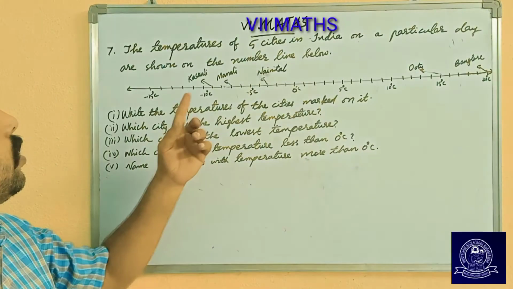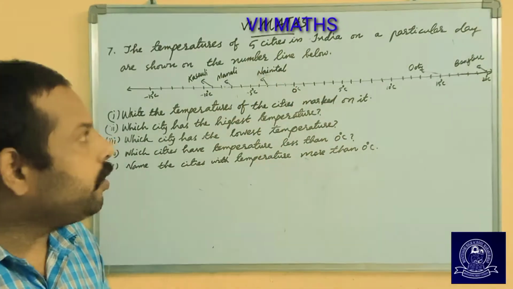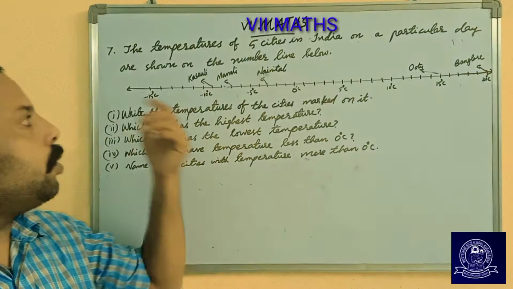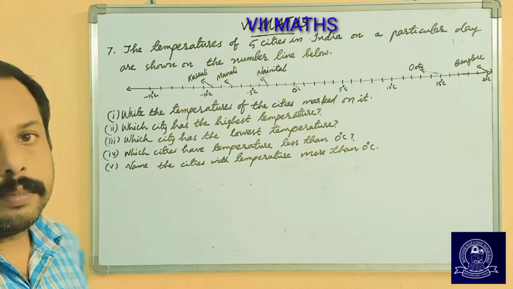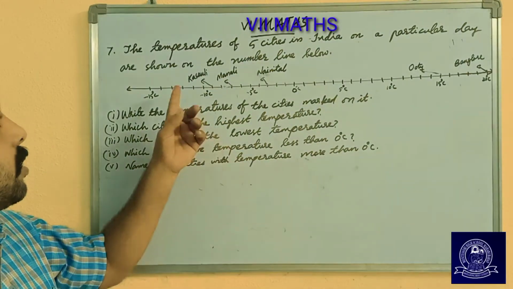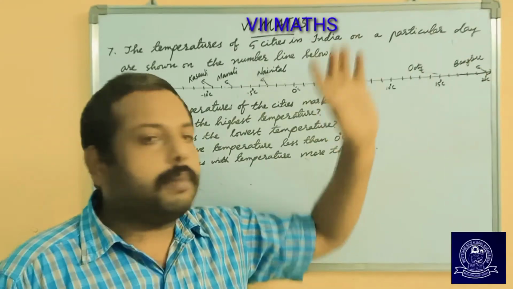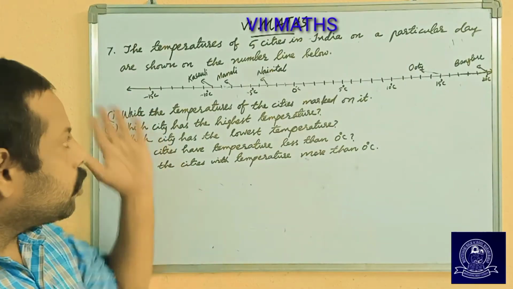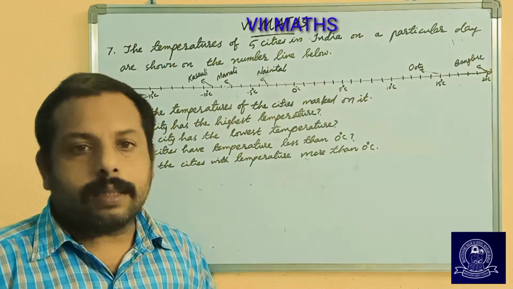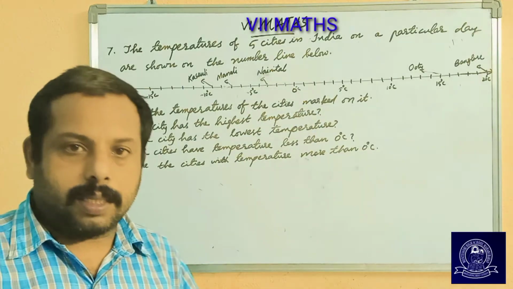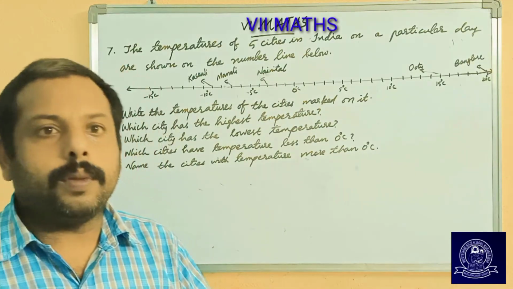The temperatures of 5 cities in India on a particular day are shown on the number line given here. 5 cities: Kasauli, Manali, Nainital, Ooty and Bangalore. So based on this number line, you have to answer all these questions. Let us solve it one by one.